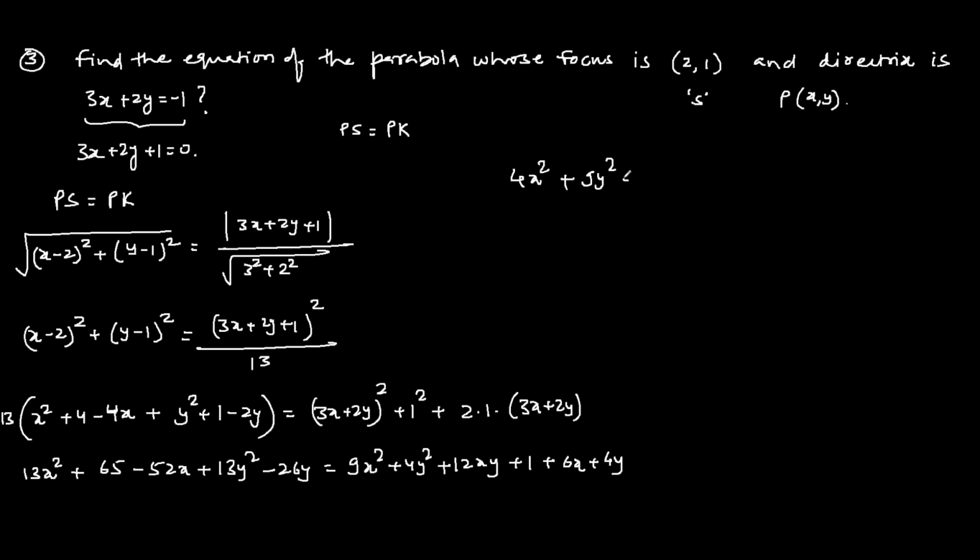Then we have minus 12xy, and then minus 52 minus 6, minus 58x, and then minus 26 minus 4, minus 30y, and finally 65 minus 1 is plus 64. This is the desired equation of the parabola. So that's how we solve the problems of parabola. Thank you.